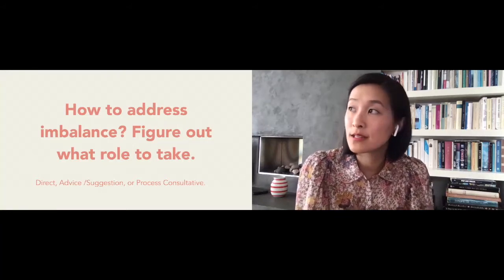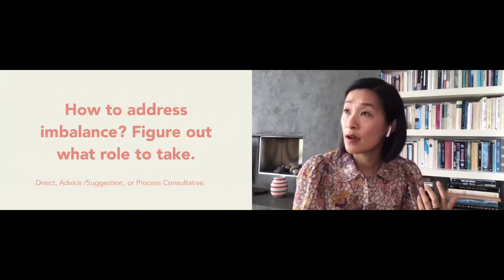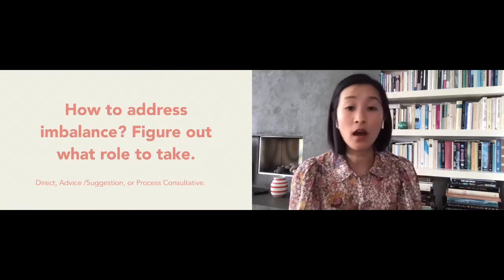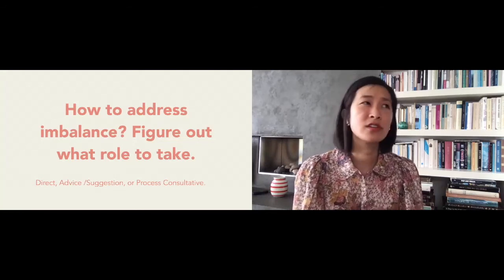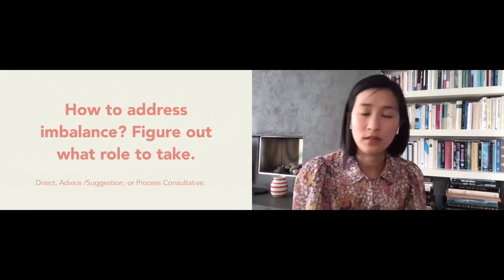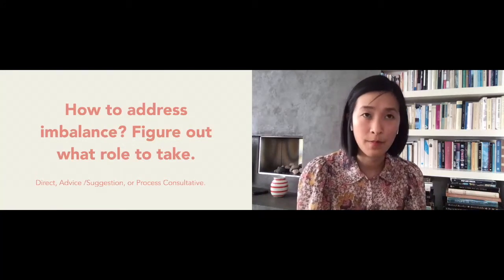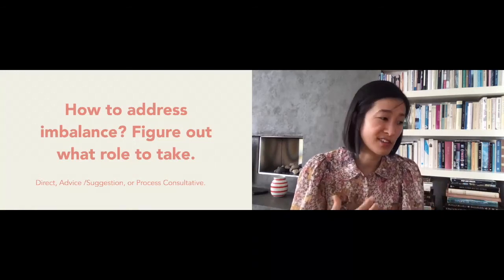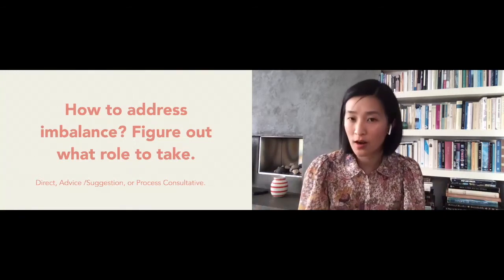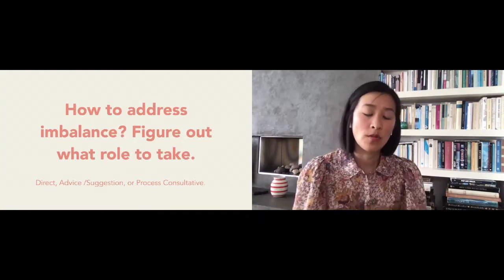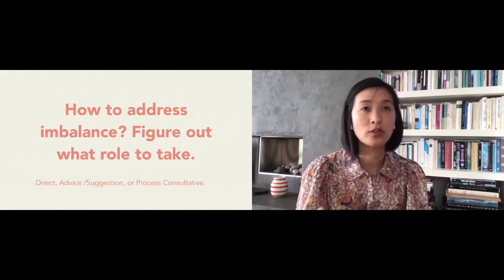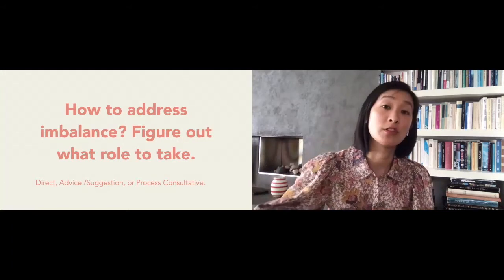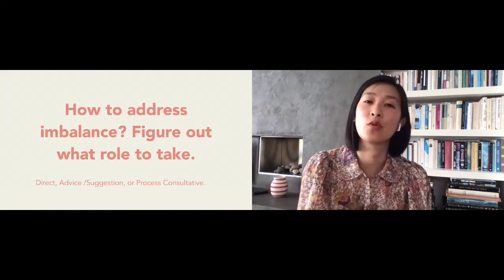And this is often what a friend might do, right? Someone comes to you with a problem and you say, oh, well, maybe you should think about A, B, and C, or X, Y, and Z, right? And for your role as a manager, you have to think, okay, is my role, based off the power dynamics, to just give someone the suggestion, or do you need to be more what's called process consultative, which is that you're not necessarily just telling someone what they should do, nor are you giving them even options of what to do, but you're helping them think through the question themselves.